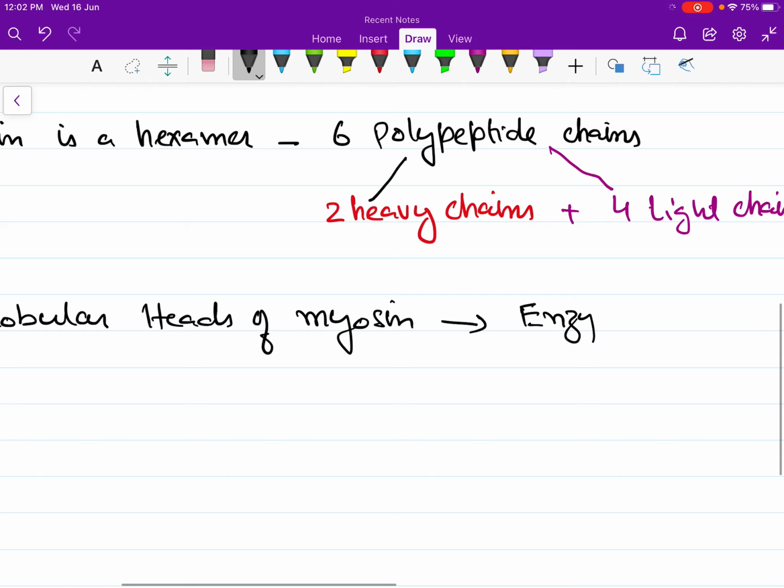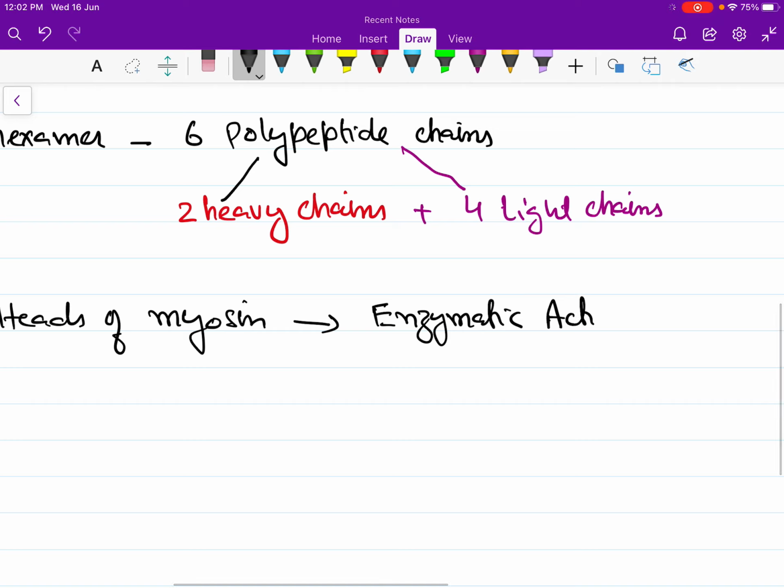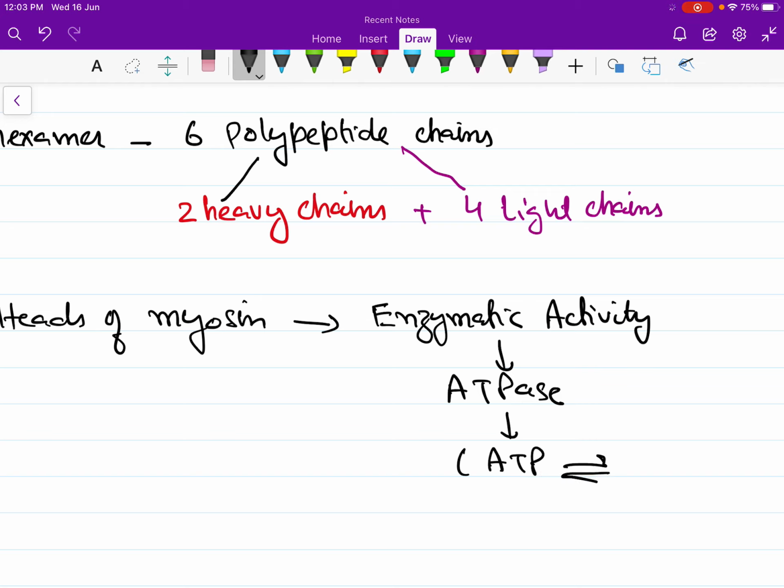They act as ATPase. ATPase is an enzyme that will liberate energy by hydrolysis of ATP. So this will cause the conversion of ATP into ADP with the release of energy.